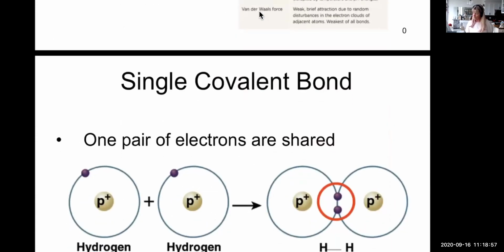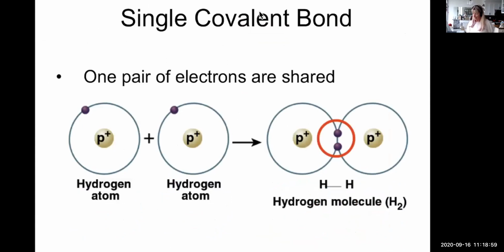So let's look at a single covalent bond, hydrogen. This is a hydrogen atom, one proton, one electron, but electrons like to be in pairs, so together they share their electrons. And this is the hydrogen molecule, and that's how the hydrogen molecule exists in nature.